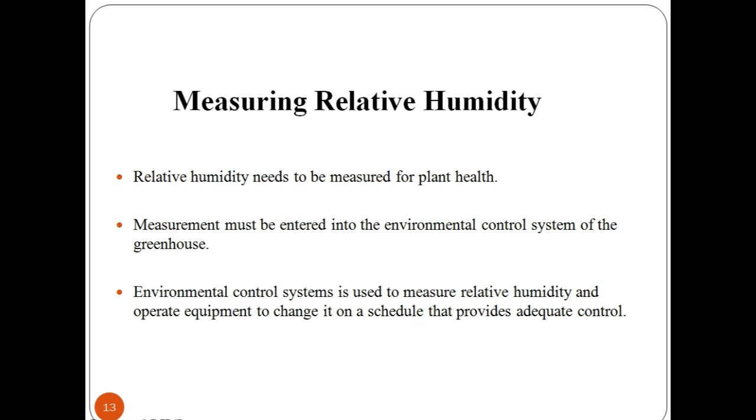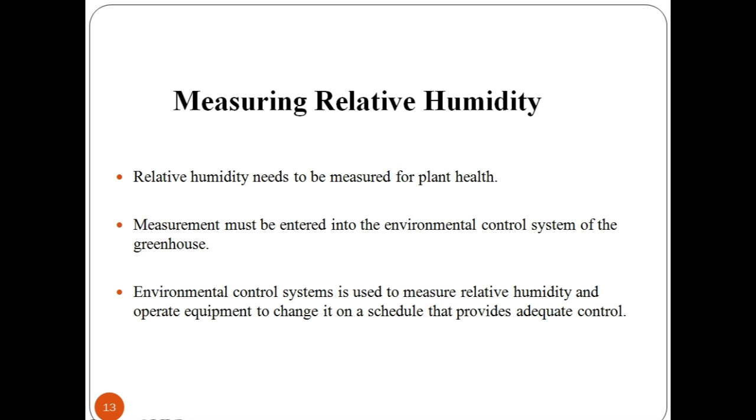Next, let us learn how to measure relative humidity. Before anything can be done to alter the relative humidity in the greenhouse, it needs to be measured, and the measurement must be entered into the environmental control system of the greenhouse.